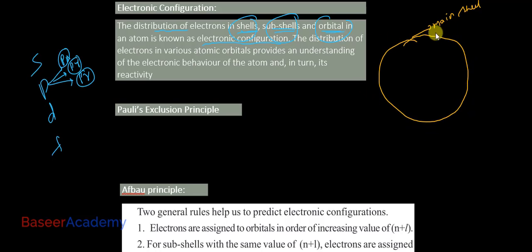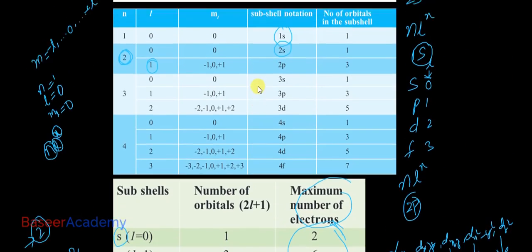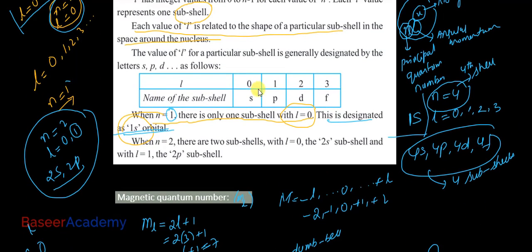The second shell can have 2 subshells. The third shell can have 3 subshells. The fourth shell can have 4 subshells. We have already seen this earlier, right? Let me go back and see here. The fourth shell can have how many subshells? 4 subshells. The second shell can have 2 subshells.